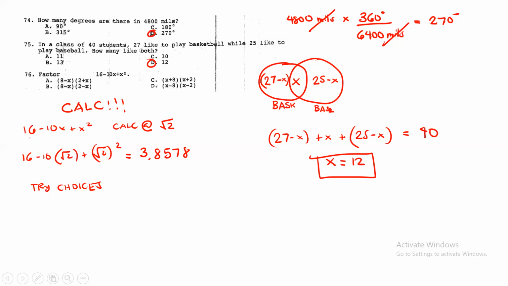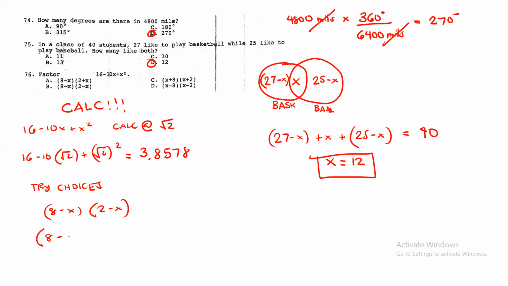So, let's try letter B. In letter B, 8 minus x over 2 minus x.